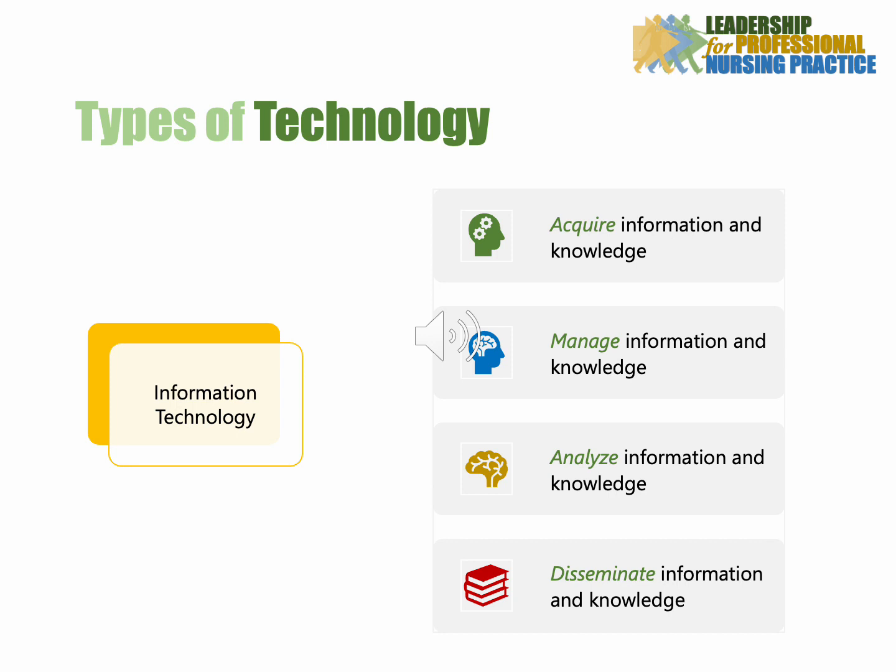The second type of technology that we commonly use and manage in the clinical area is information technology. Information technology is very important because in healthcare settings it has the following advantages. It is very useful in acquiring information and knowledge.